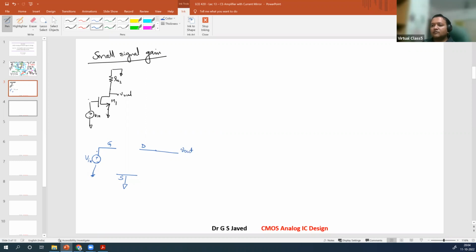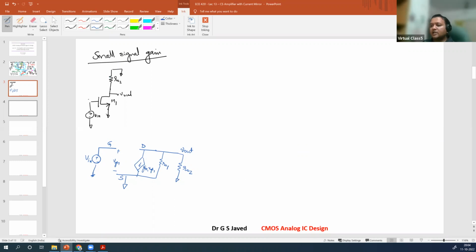So this will have a GMVGS. So this is your VGS1, plus minus, GM1 VGS1. Then there is RO1. Then comes the V out connected to ground through RO2. So you can treat it as your drain resistance which is there.